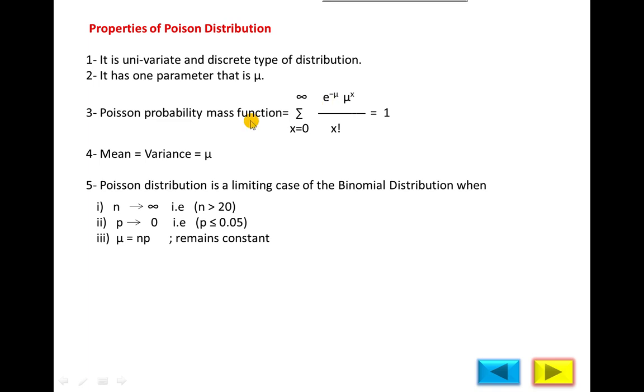Because for Poisson distribution we require mu to remain constant. Remains constant means if you multiply the number of trials with the probability, it will remain approximately constant, or you can say independent, not depending on the sample size and probabilities.